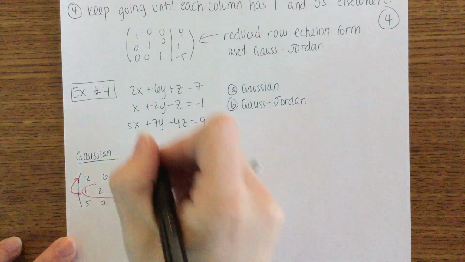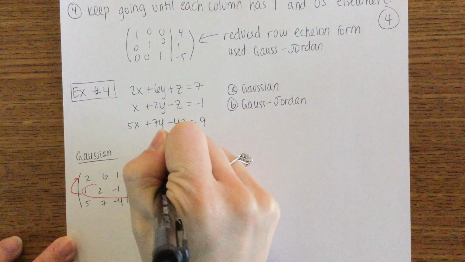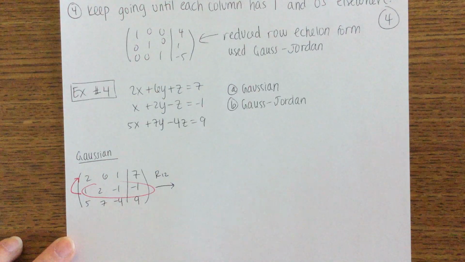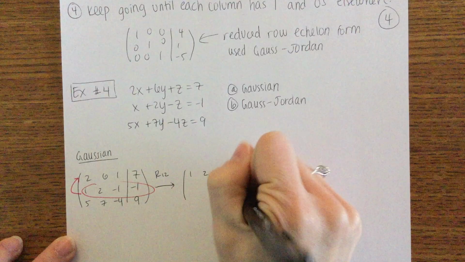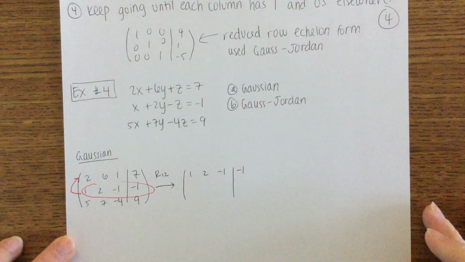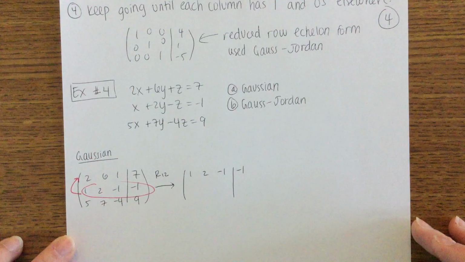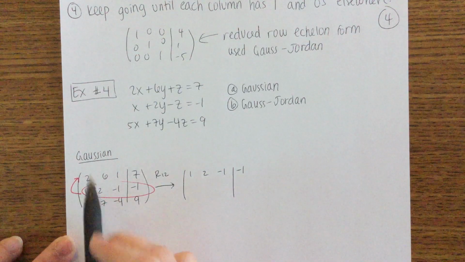Now, when people do this, they'll write their steps here. So you would write something like R1,2. What that means is I'm switching rows 1 and 2. There's no particular reason I chose 1 and 2. I could have chosen, no, I would have had to use 1 and 2 because I want 2 there.